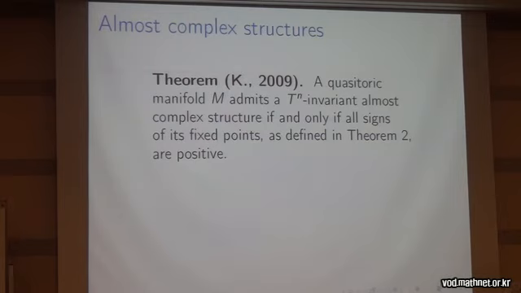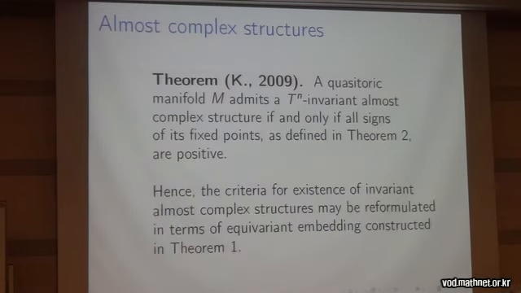This is not a new result, but now we can give another criterion for existence in terms of our equivariant embeddings. And maybe that shows that these two problems are somehow connected, in the strongest way. We could relate them, but maybe you'll be more lucky. So, hence the criterion may be reformulated in terms of our embedding. You already heard that.